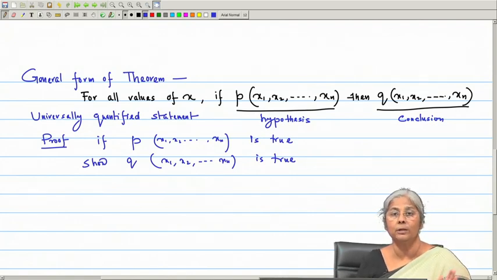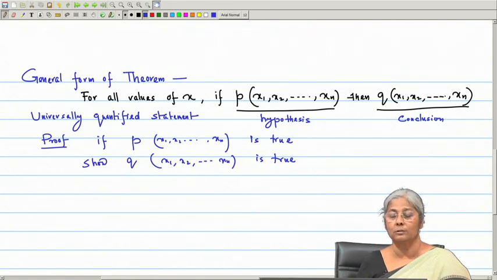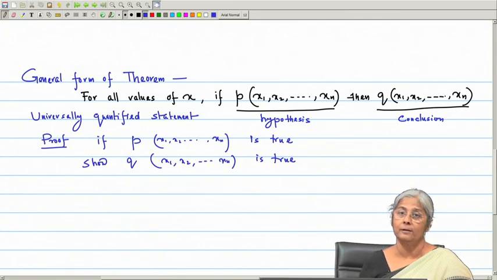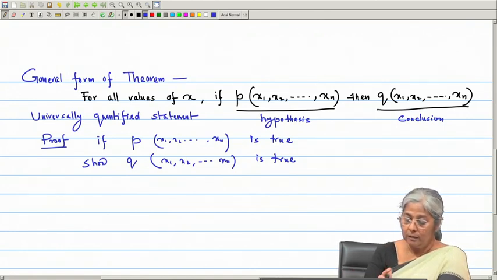Since we have read logic, we know what a proposition is and what the truth values of the proposition are, or what the different logic rules or laws of inference and other rules are that we can apply to show that some conclusion is true or false.